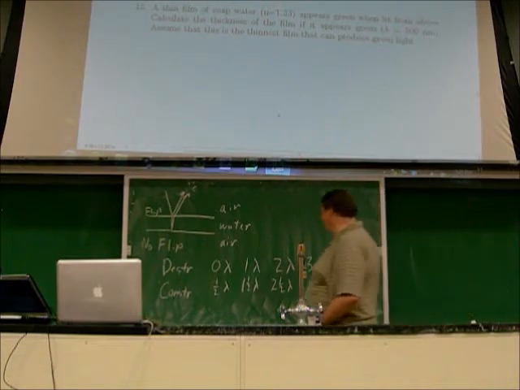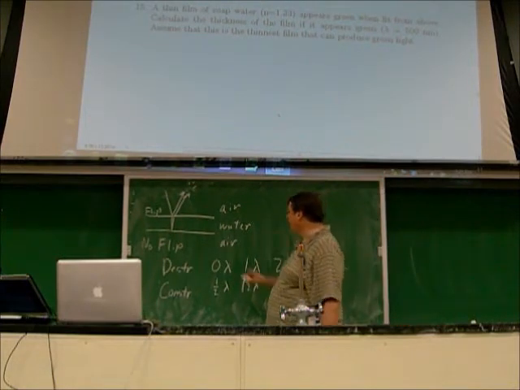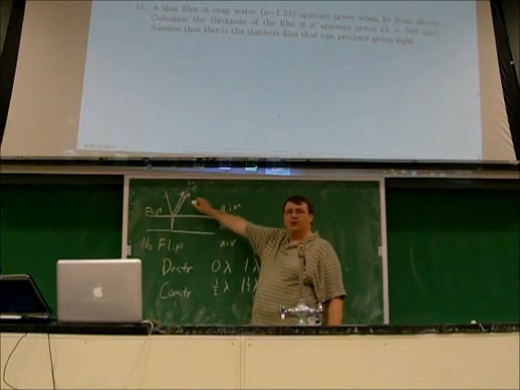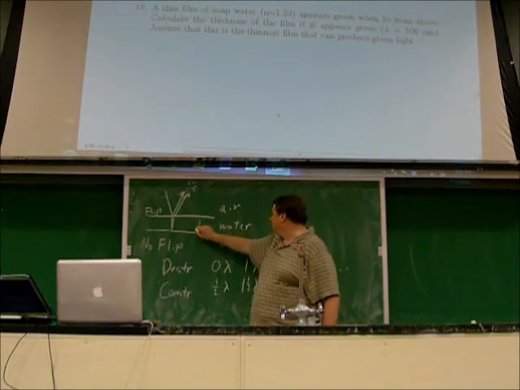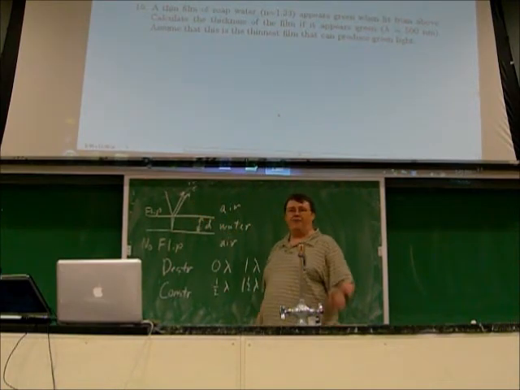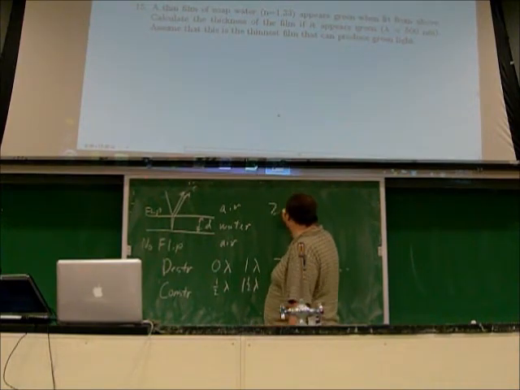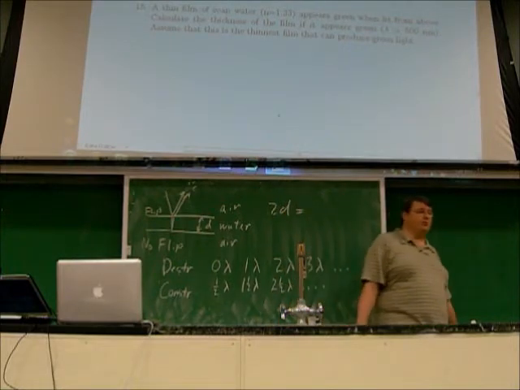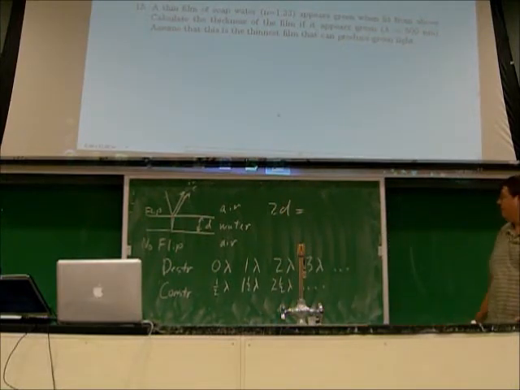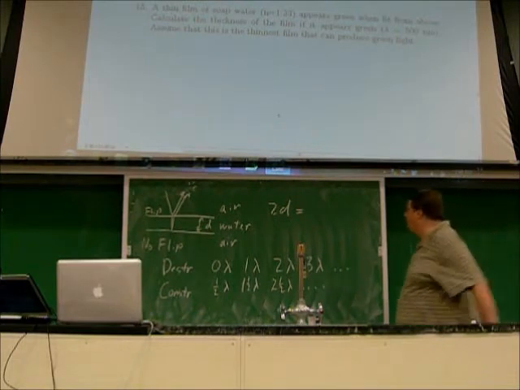So what's the distance that you go? If this thickness is D, how far does the second wave go? Twice D. So the thinnest film that would result in constructive interference is that twice D would be half lambda.